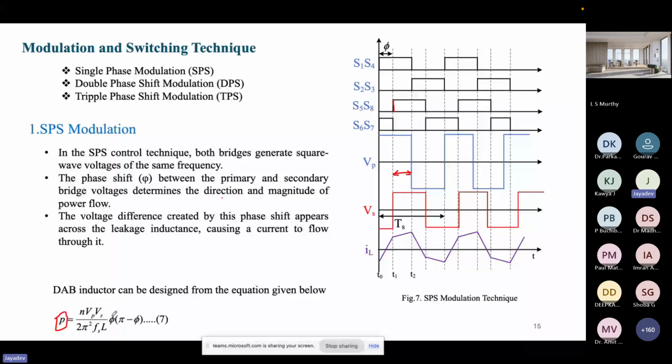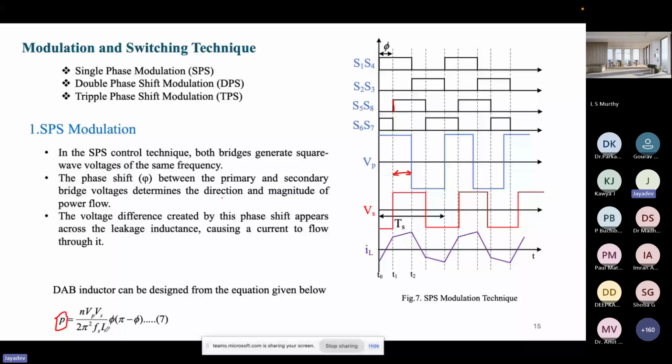If you choose phi equal to pi by 2, at pi by 2 the power transfer will be maximum from primary to secondary or secondary to primary. At that time, you can calculate how much maximum inductance can be used.